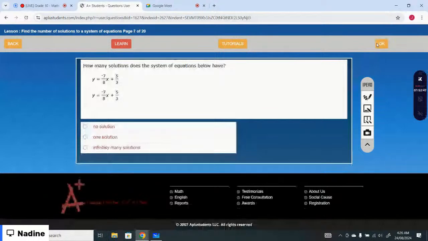Okay, the next one is: how many solutions does the system of equations below have? y equals negative 7 over 8x plus 5 by 3 and y equals negative 7 over 8x plus 5 by 3. So which is the correct option?